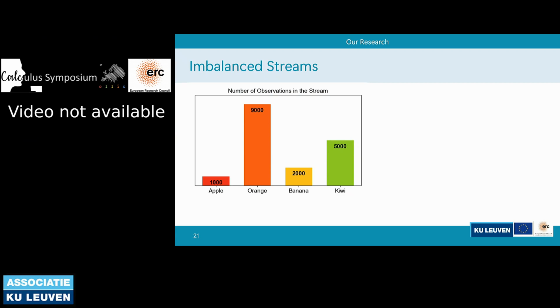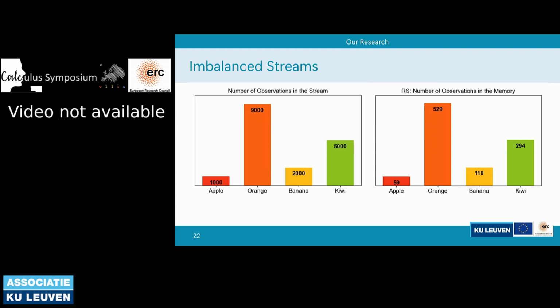Here, for example, we can see that the number of observations in the stream for the class orange is 9 times more than the class apple. If we use reservoir sampling in such an imbalanced stream, the imbalances from the stream are going to carry over to the memory. For example, the class apple is going to be very underrepresented in the memory throughout the learning process, which is going to hurt the training of the model.